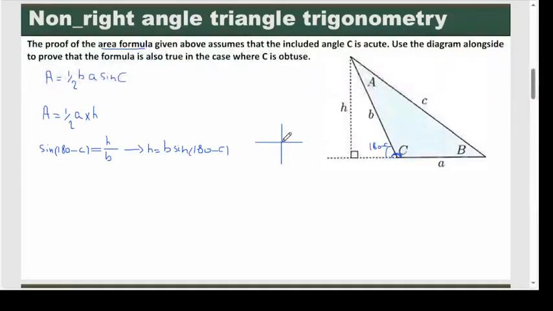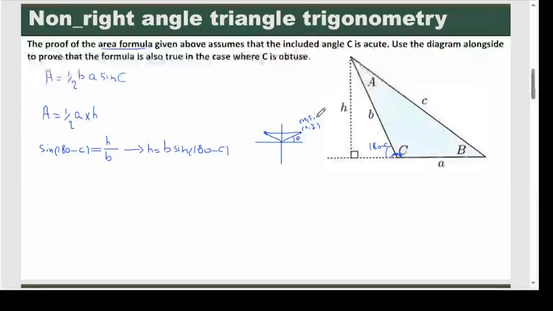I try to use the supplementary rule. Let me recall the unit circle. If I have theta here as my angle and I reflect this point across the y-axis, we know the y doesn't change. We have x and y here, that was cosine and sine.